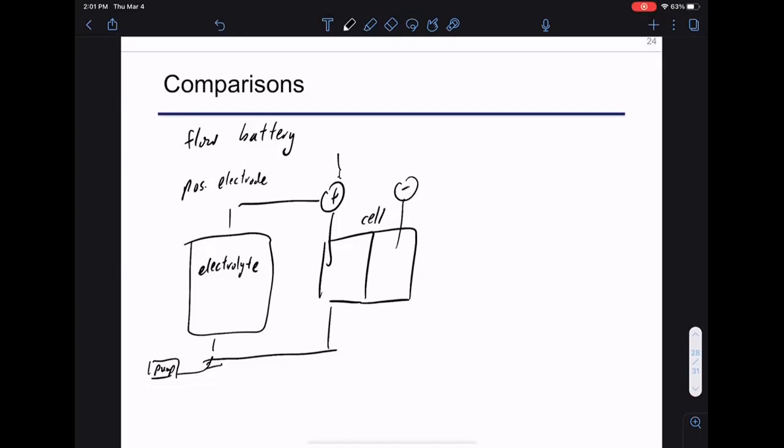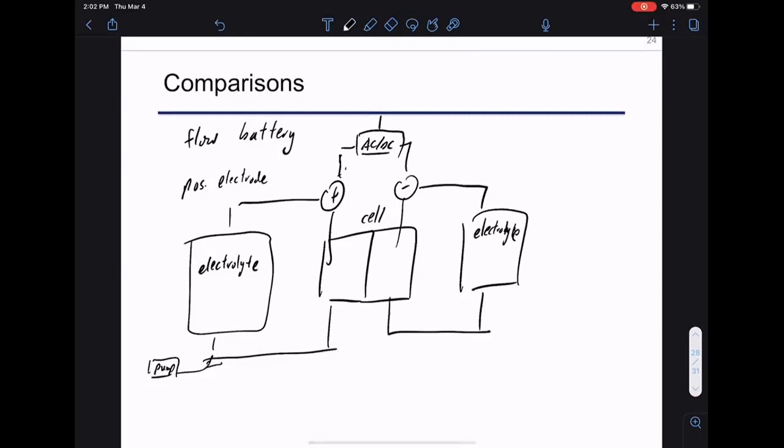This of course goes into, let's say, a converter and goes out to the grid, and you have a negative electrolyte and another pump.